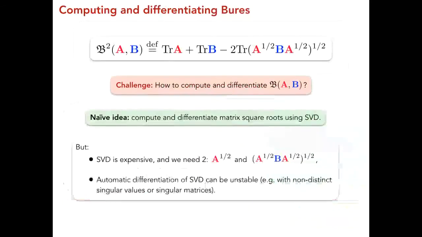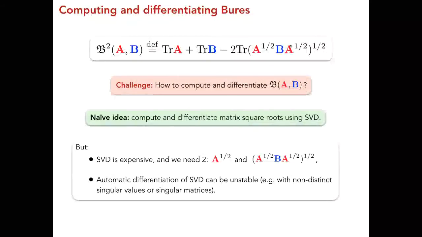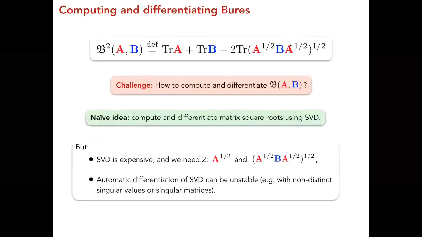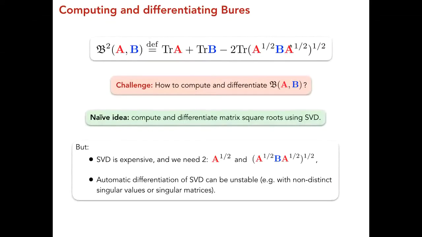So first step, I need a method for computing the Bures distance and its gradients. So here I've recalled the expression of the Bures distance. And so the first idea we might have to do that is to compute the matrix square roots using singular value decomposition and maybe backpropagate through singular value decomposition, as this is possible in machine learning frameworks, to compute the gradients. So this works, but it has several drawbacks.